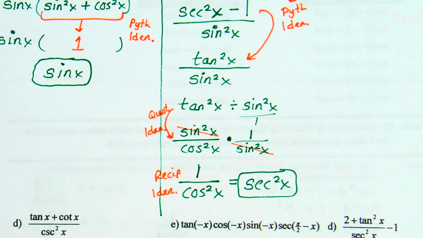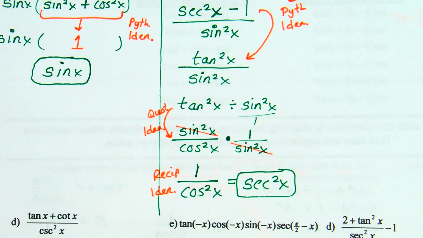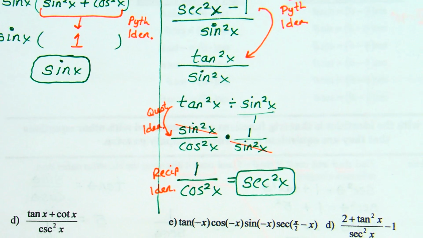Just a second, Levi. Shelby, you got a question or did you have an answer that I missed? Okay, so Shelby's question is, was tangent squared over sine squared not the final answer?